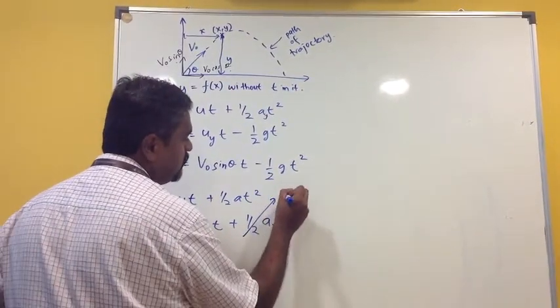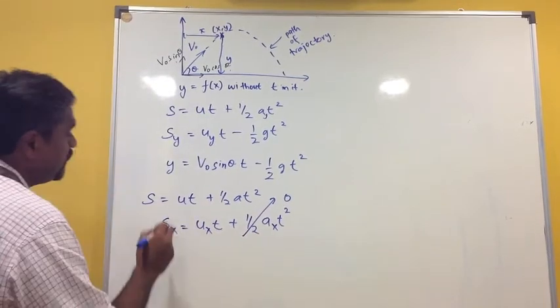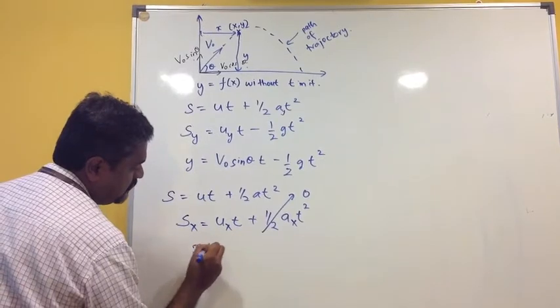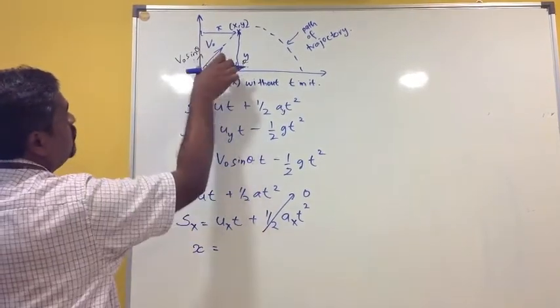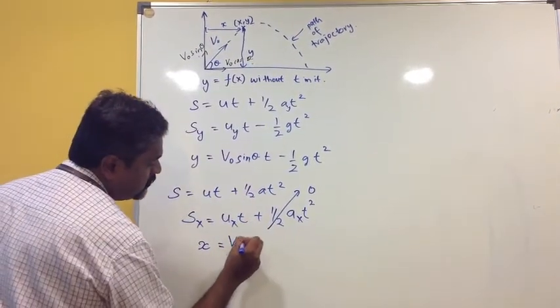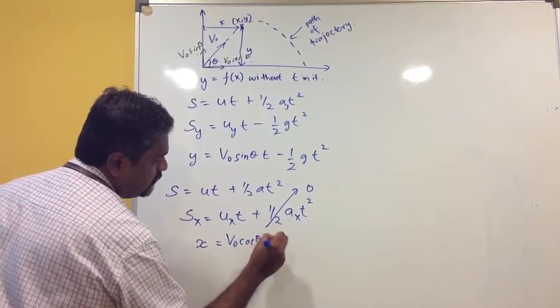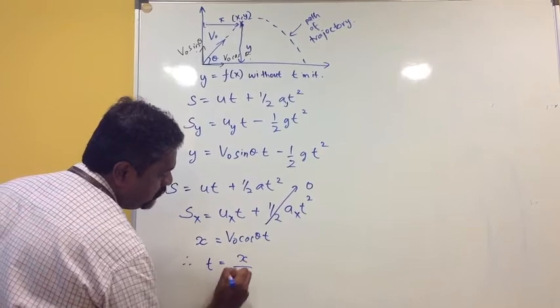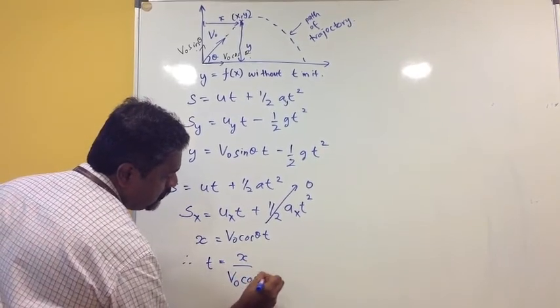So this term here equals 0. Sx from this diagram is the displacement in the x-axis, which is x. Ux is actually v0 cos theta. So x equals v0 cos theta times t, which means that t equals x over v0 cos theta.